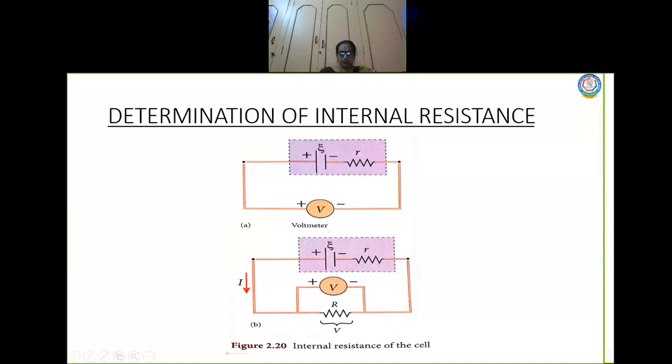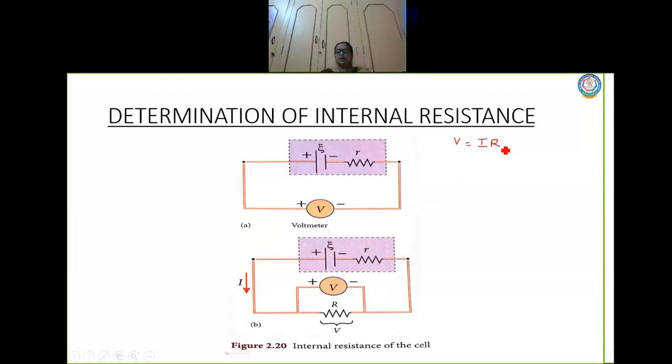Now, what will be the potential difference across R? Will there be a potential drop here? Yes or no? Definitely there will be a potential drop, and that is equal to the potential difference across the cell. What is the potential drop across the resistor R? That is given by Ohm's law, children: V is equal to I into R. This we are very familiar with.